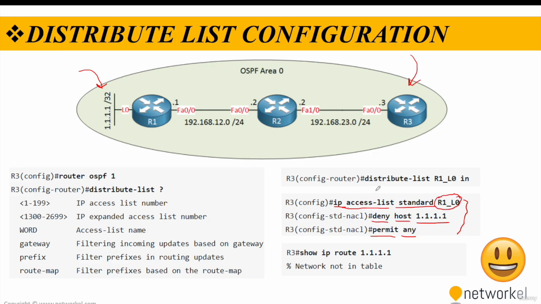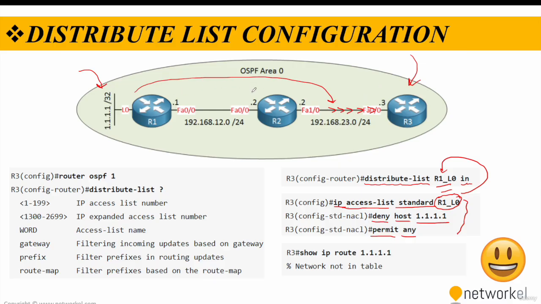Then, in router mode, I type distribute-list and my access list name, which is R1L0 in this case. And then I type my direction, which is in. So this route will be advertised in this direction, and this is an inbound direction for router 3.